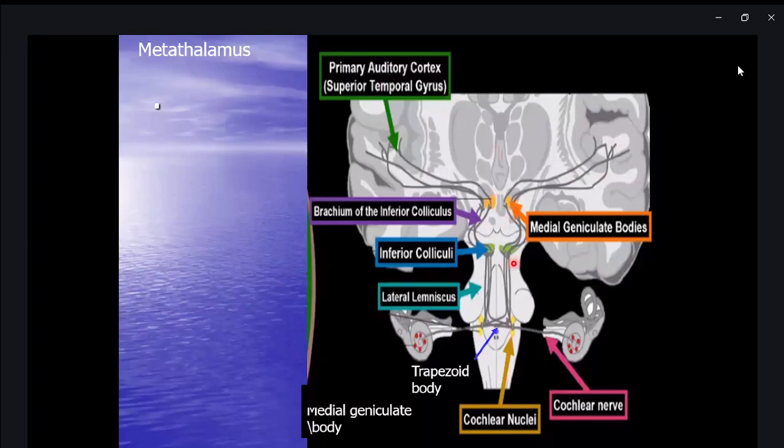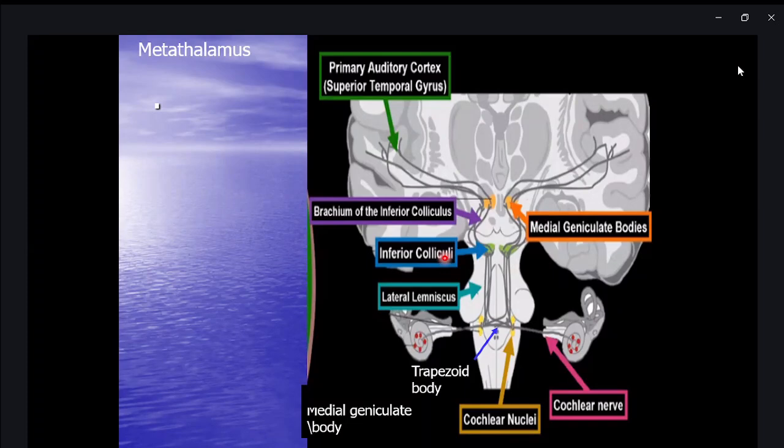So notice the role of the geniculate body. Some fibers leave and enter the inferior colliculus. Those fibers that enter the inferior colliculus are very important in our auditory reflex activity.